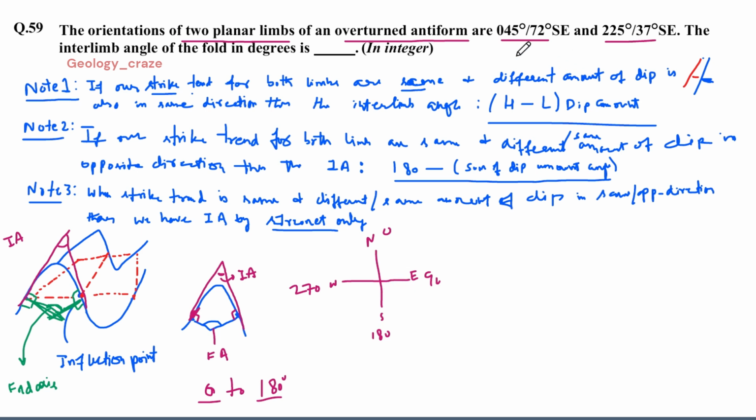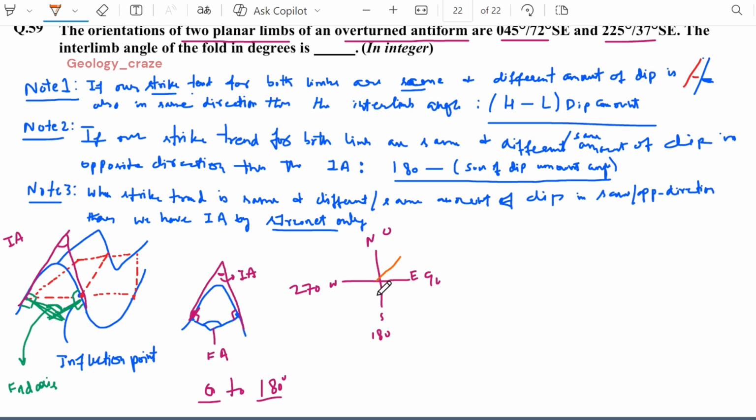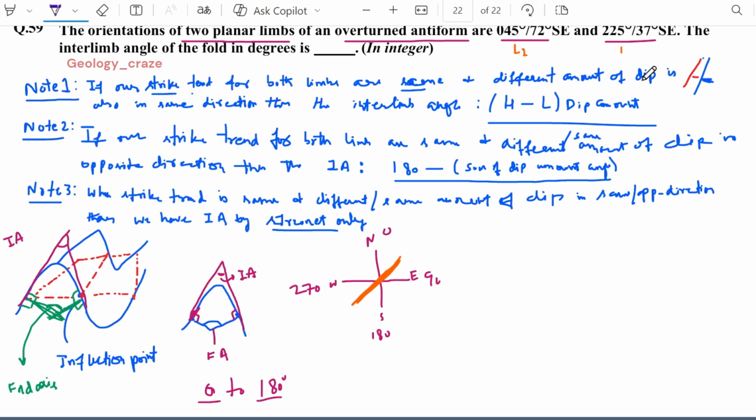So our trend for this limb, limb L1, is 45 degree. Suppose this is our L2 limb. So L2 limb is 225.